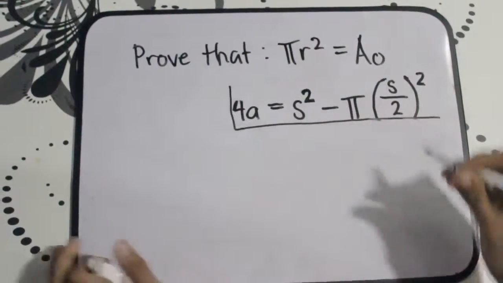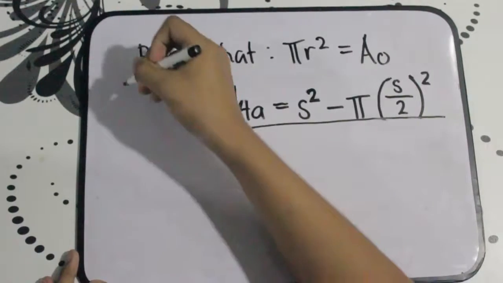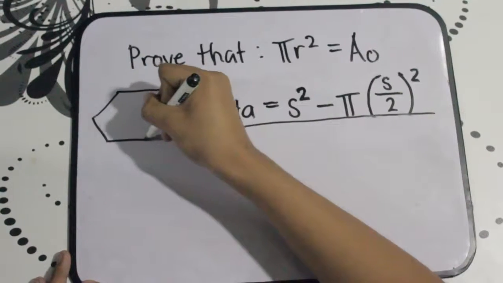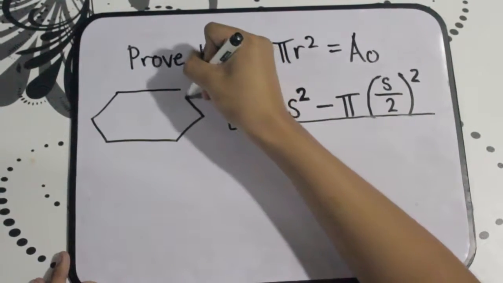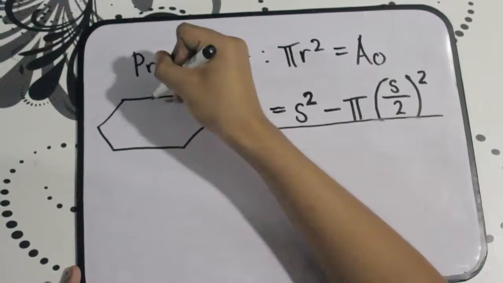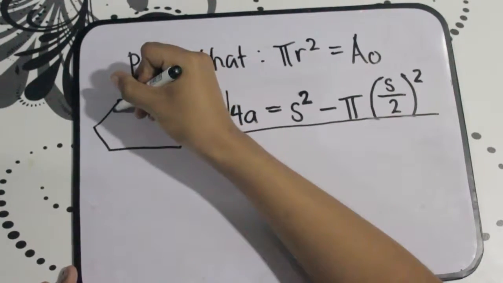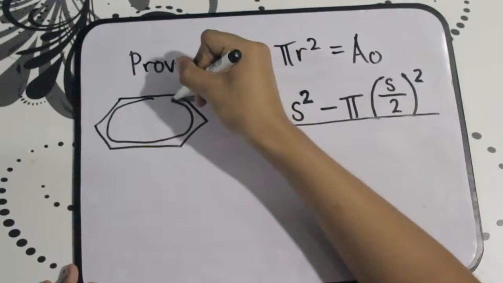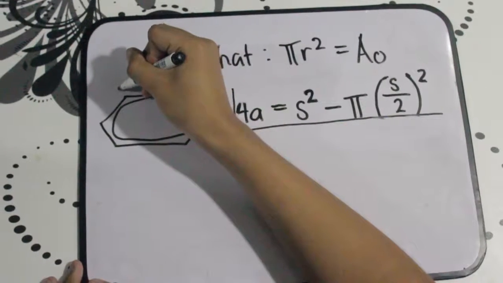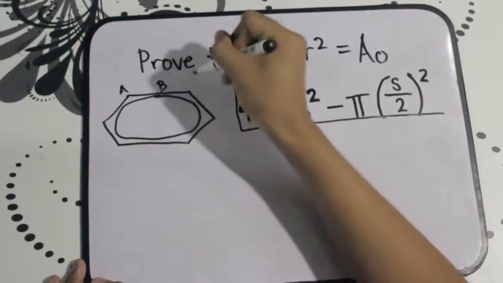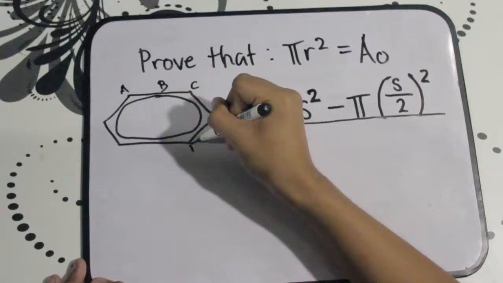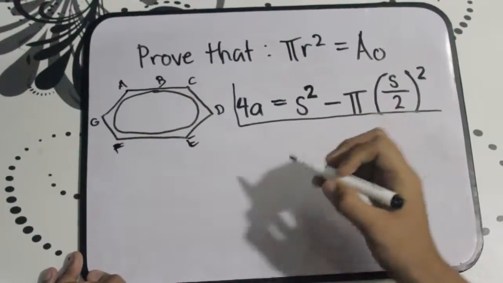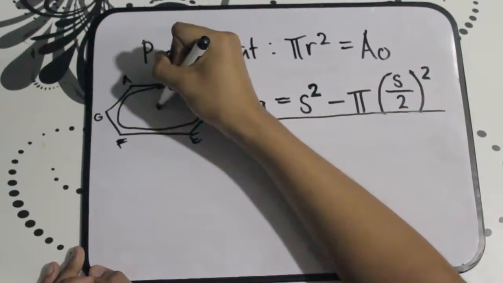So back to the second diagram, we're going to draw the hexagon again. And now we're going to label the different endpoints as A, B, C, D, E, F, and G. Then from there on, we're going to put a dot in the center.